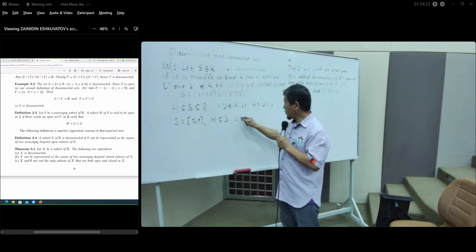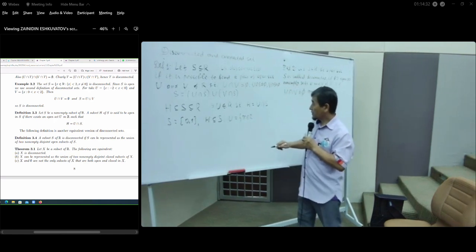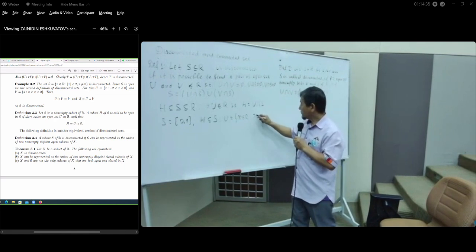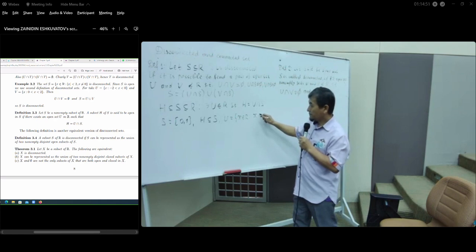Now I can say U is a set of x from R such that x is less than, for example, 1.